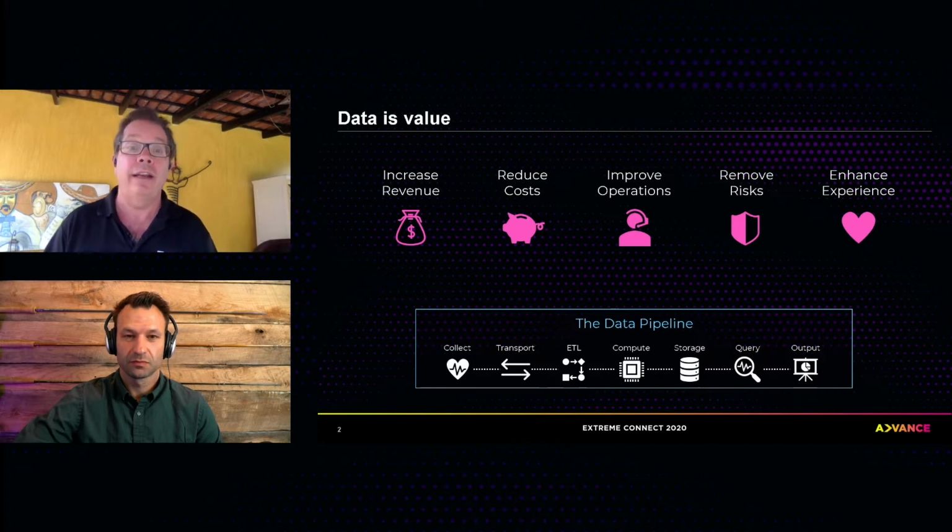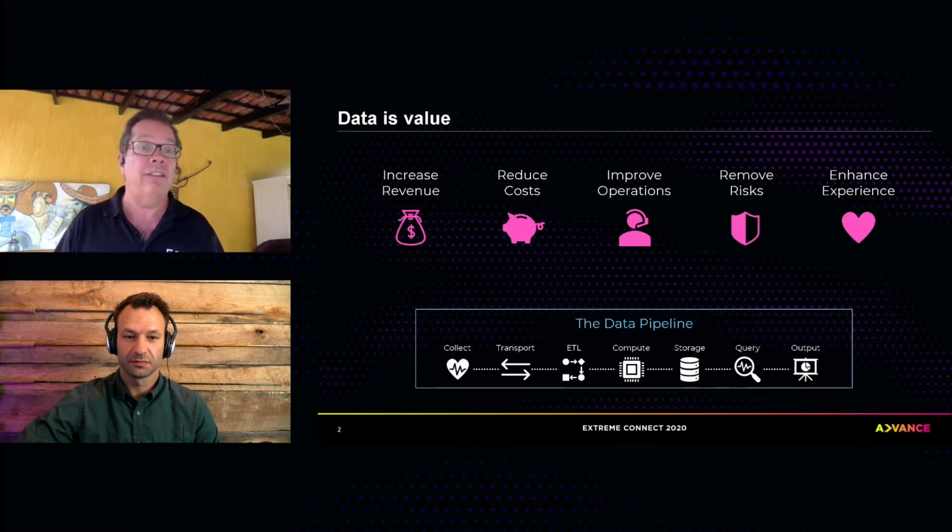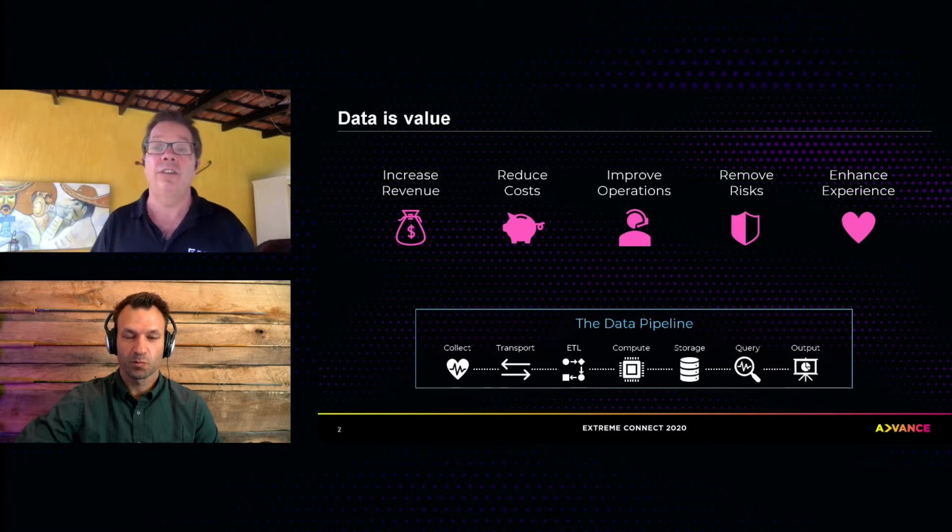If you can use data in the proper ways, it can help you increase revenue for your business, as well as reduce costs, improve your operations, and maybe even mitigate some risk and enhance your overall experience for your business. Data helps provide insights into your network, and that in itself is the true value, is the insights you get into your network.